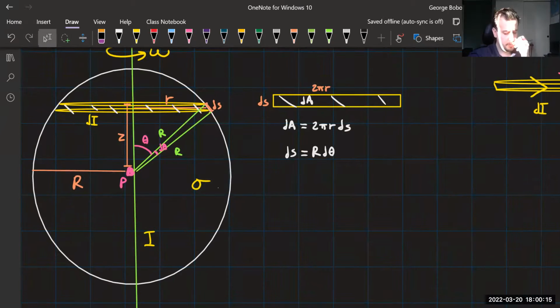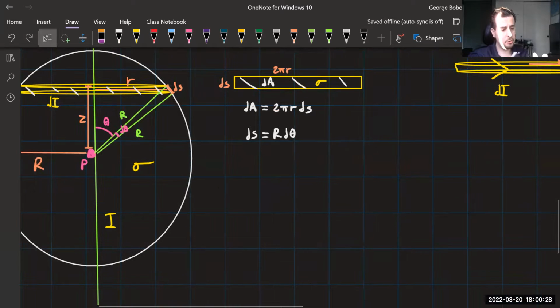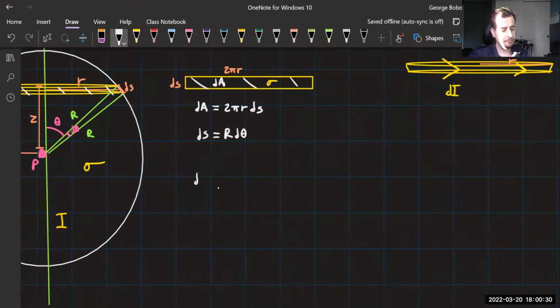Kelly, can you help me out a little bit? I want DQ. I have a surface charge density and a little area element right now. How could I get DQ in terms of sigma and dA?